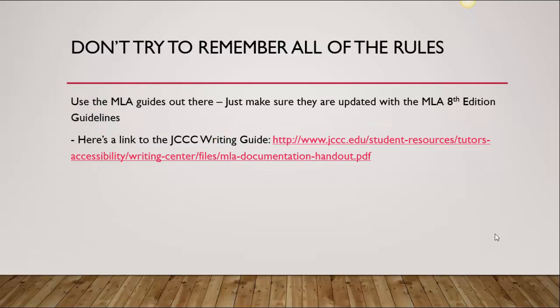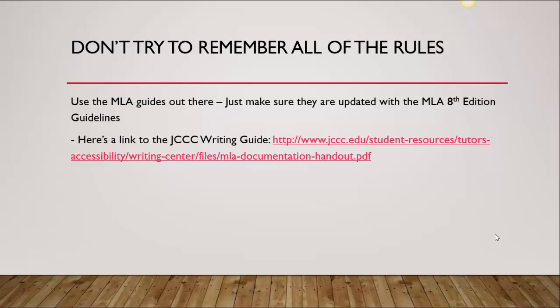Now, there are many different types of sources out there. Don't try to memorize the rules for all of them. Citation, thankfully, is an open book test. There are plenty of guides out there to help you. Here's a link to JCC's Writing Center's handout on MLA guidelines.